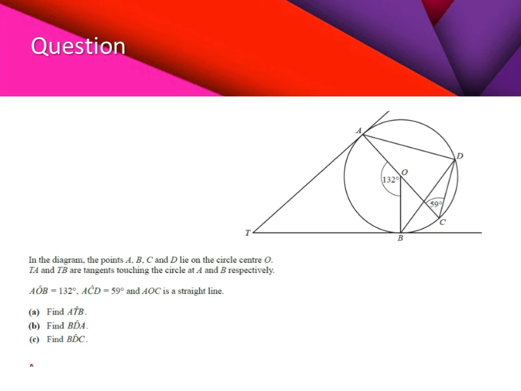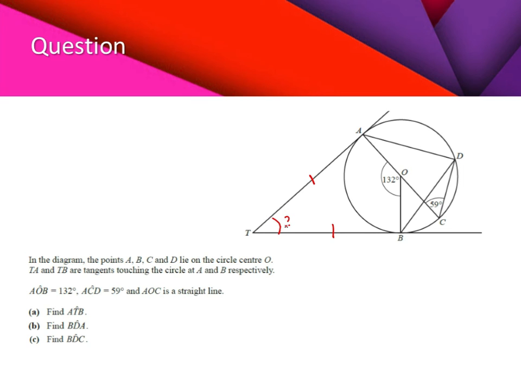So TA and TB, these two are tangents, and as we know, tangents drawn from one outside point have equal length. Angle AOB is 132, angle ACD is 59, and AOC is a straight line, which is also a diameter of the circle. Find angle ATB. ATB means we have to find this angle.